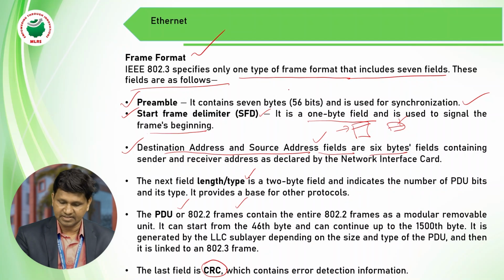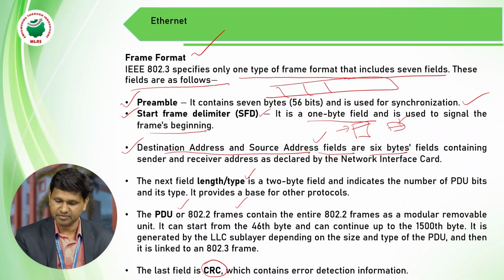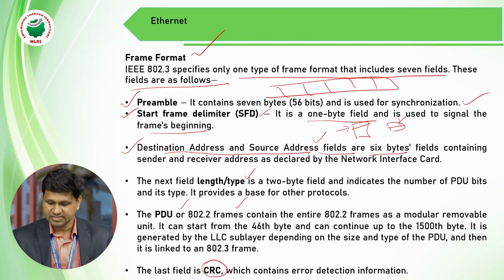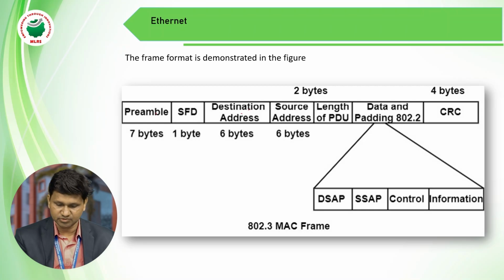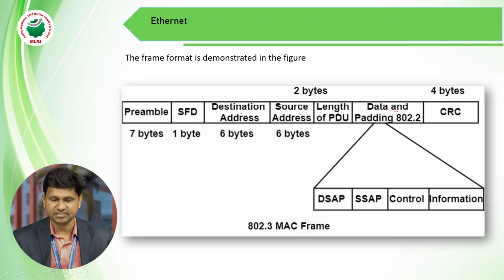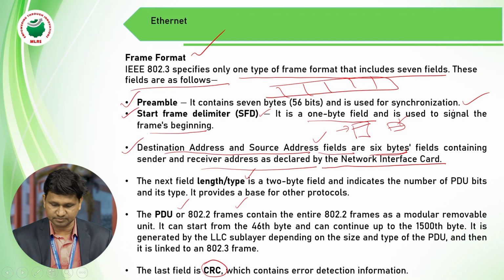Let's consider I have a frame format. How many fields are there? There are 8 fields. The destination address and source address fields are 6 bytes. The fields containing sender and receiver addresses are declared by the network interface card. This is an example of a frame format: 1, 2, 3, 4, 5, 6, 7 bytes.